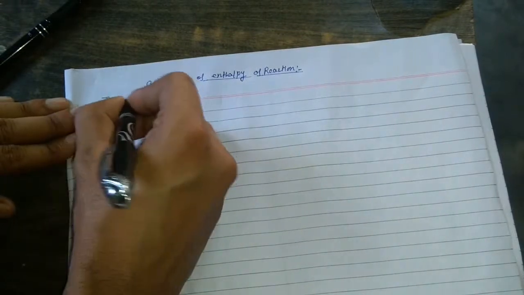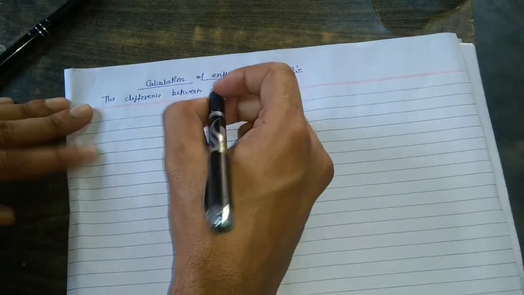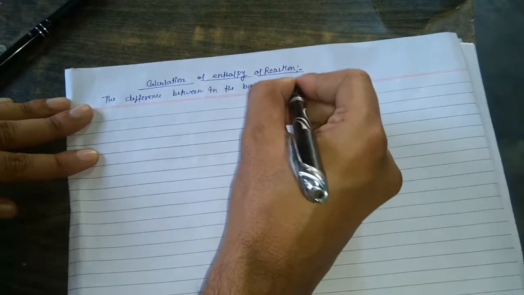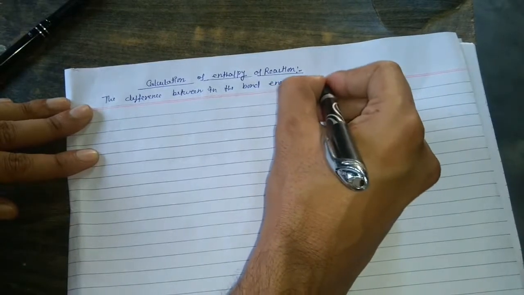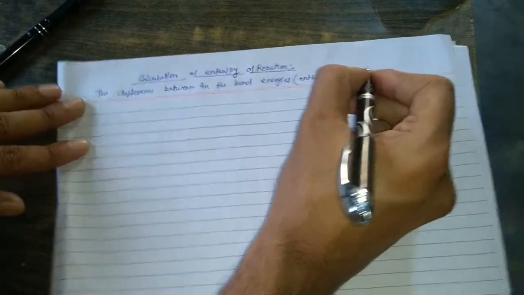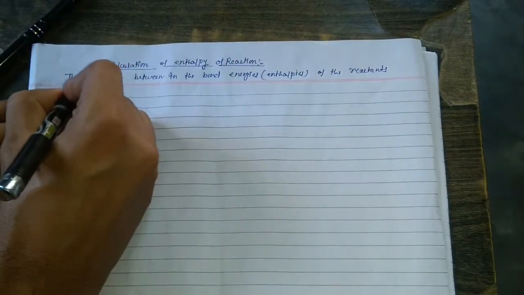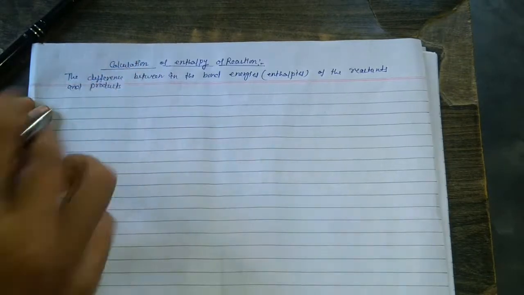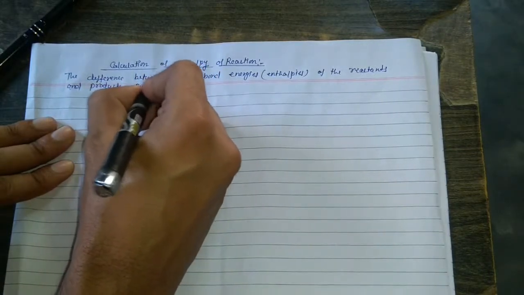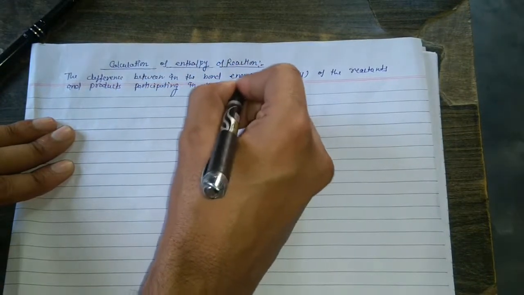The enthalpy of reaction is the difference between the bond energies or enthalpies of the reactants and products participating in the reaction.